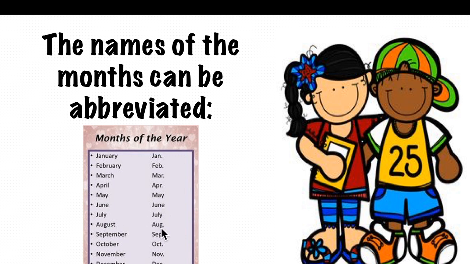August, AUG, period. September, SEPT, period. October, OCT, period. November, NOV, period. December, DEC, period. So these are abbreviations for the months of the year.